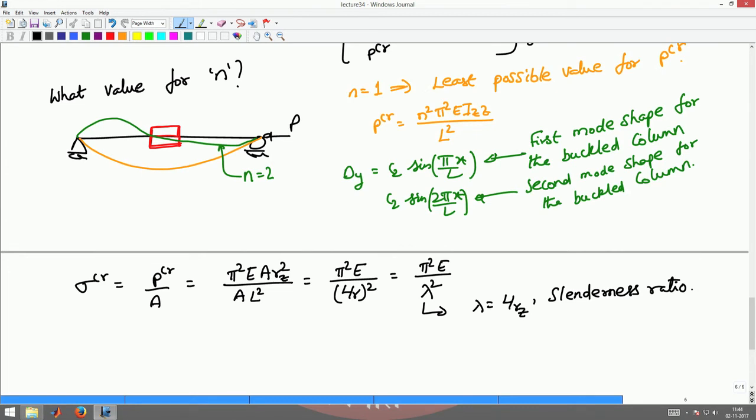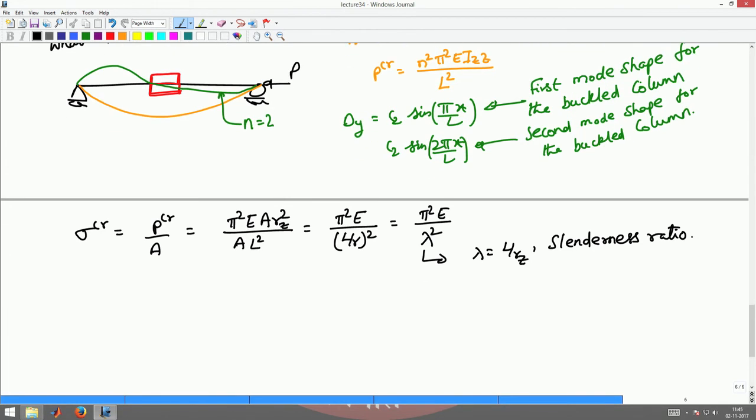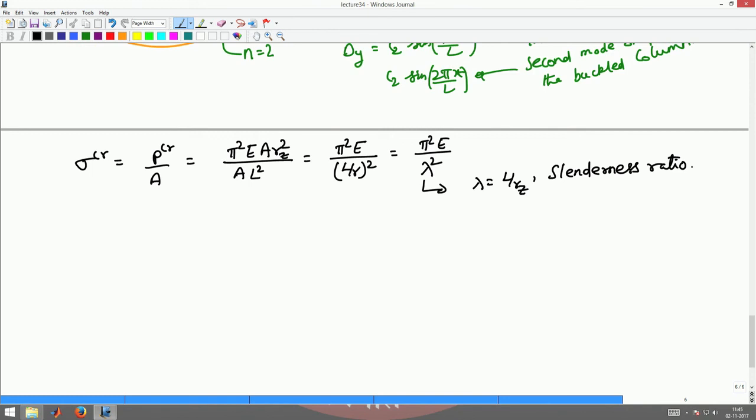Okay. Now, let us plot this sigma critical as a function of slenderness ratio lambda. Now, this will look like a curve as shown here.